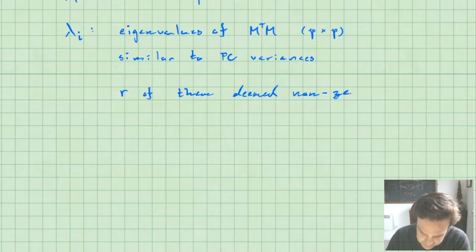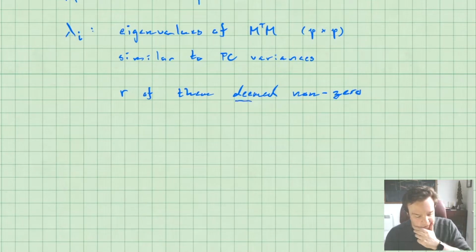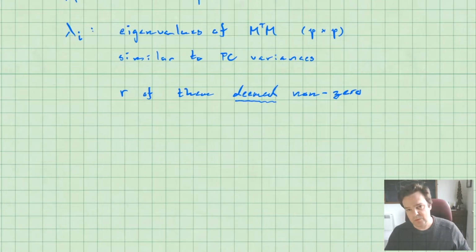And I think the word deemed here is important, because sometimes when you calculate the eigenvalues, you find some that are really small, but not quite zero. And sometimes you have to decide how small is small enough, because if I carry on with this one, it's going to introduce a huge amount of round-off error because the scales are so different from other scales in my problem. And so you often are faced with that difficulty.